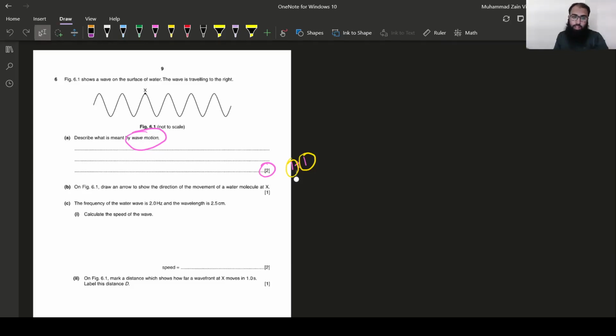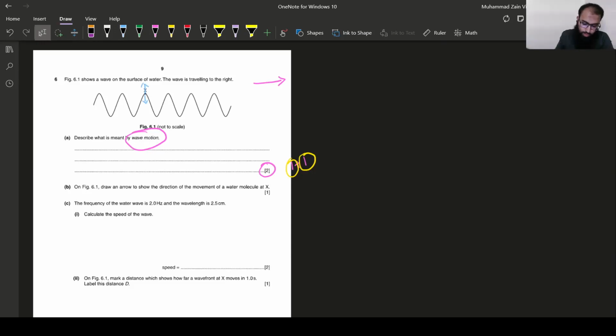And then there's the direction of wave motion or energy transfer or propagation of wave. There are multiple ways to phrase it. The wave is traveling to the right, but as we know, in transverse waves the movement of molecules is perpendicular to the direction of motion of the wave. So if the wave is traveling to the right, my water molecules would either be oscillating upwards or downwards.